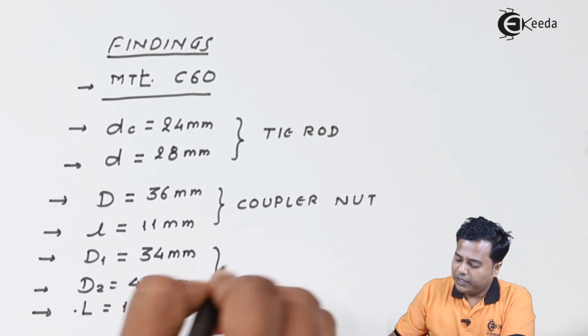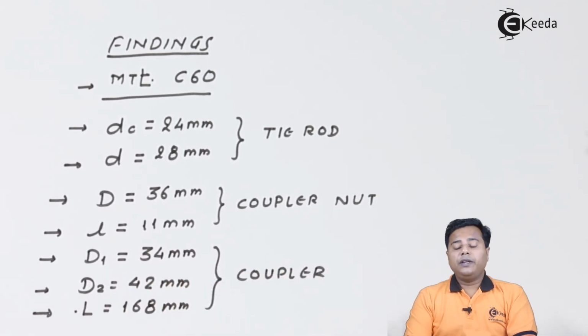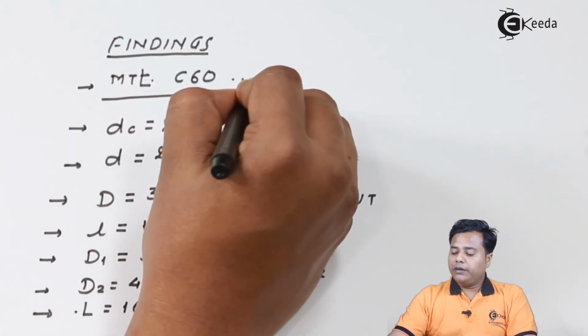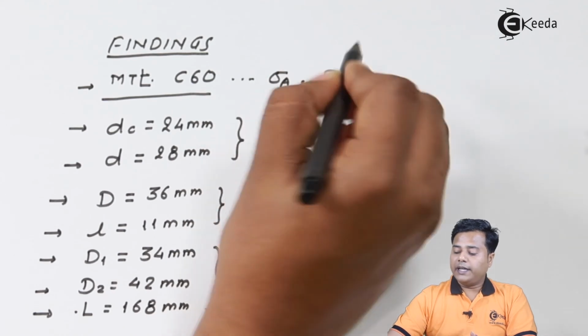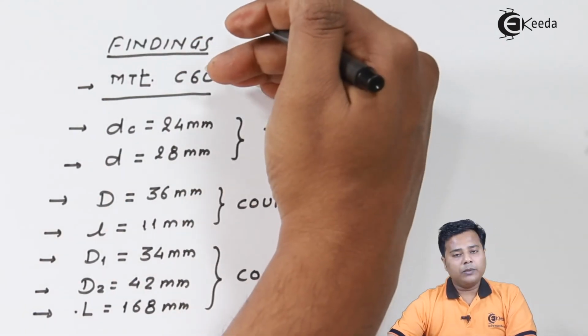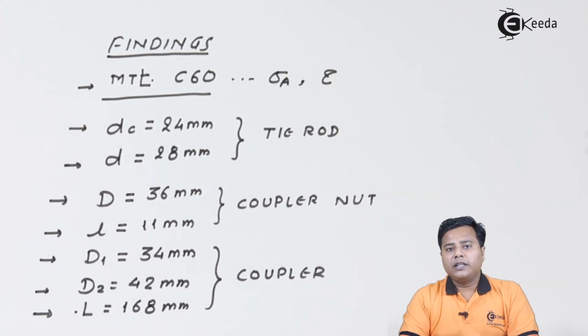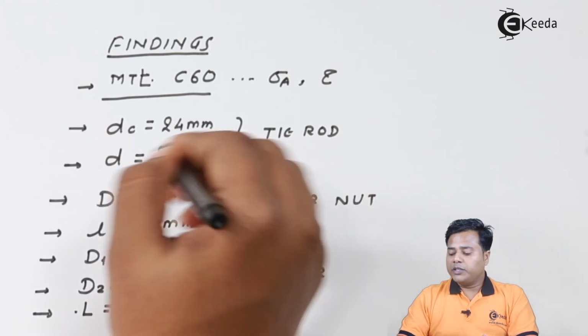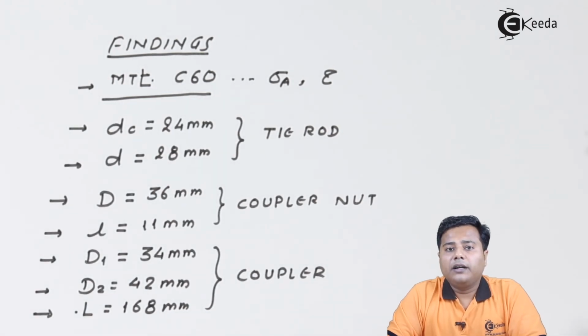So all these three parameters belong to the coupler. That is how we found out the material. We found out the safe allowable values of tensile and shear stresses, and based on these allowable values only we have found out these answers. Of course, no doubt, it started with the safe values. The dimensions which we have found out are safe. So that was the design numerical on tie rod and turnbuckle.